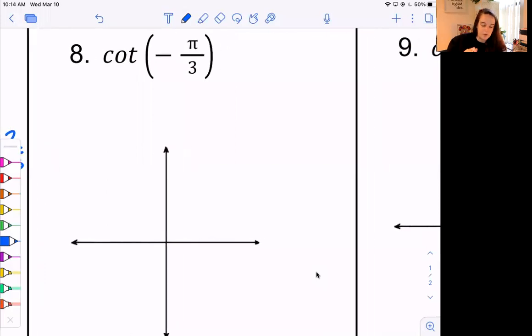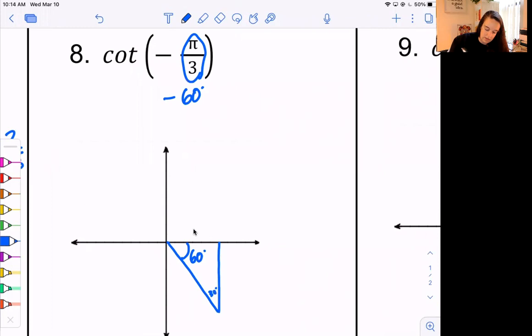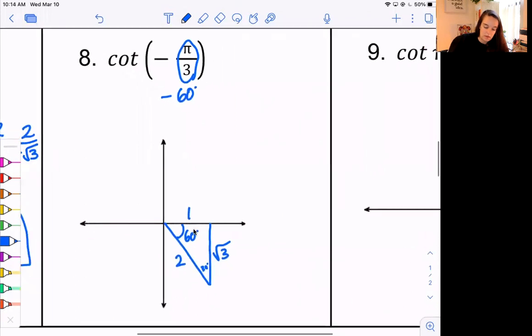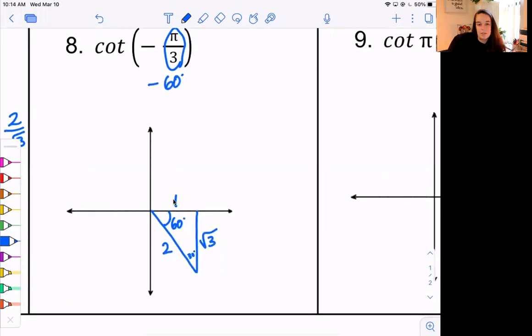Anytime you want to pause the video, go for it. Pi over 3 is 60 degrees. I have -60, so I'm going to be going in the backwards direction here. So I would have something like this, 60 degrees. I know my short side across from the 30 is 1, long side 2, square root of 3 for the middle. I know this one is positive, but square root of 3 is negative.